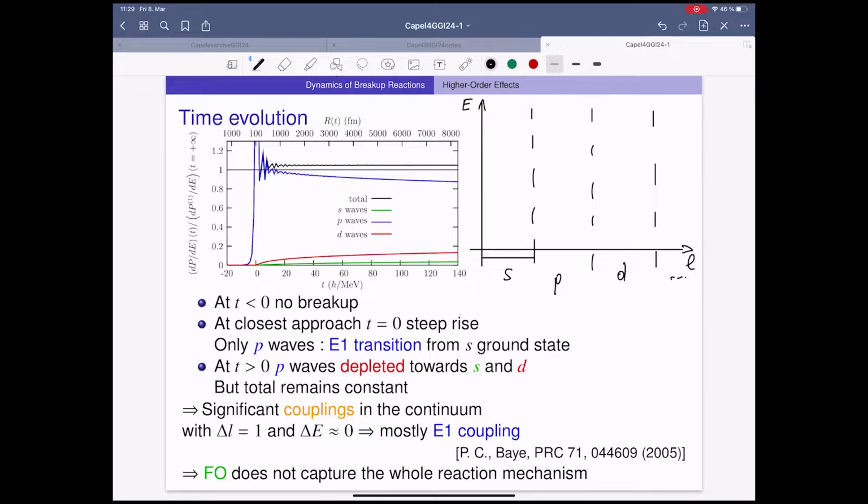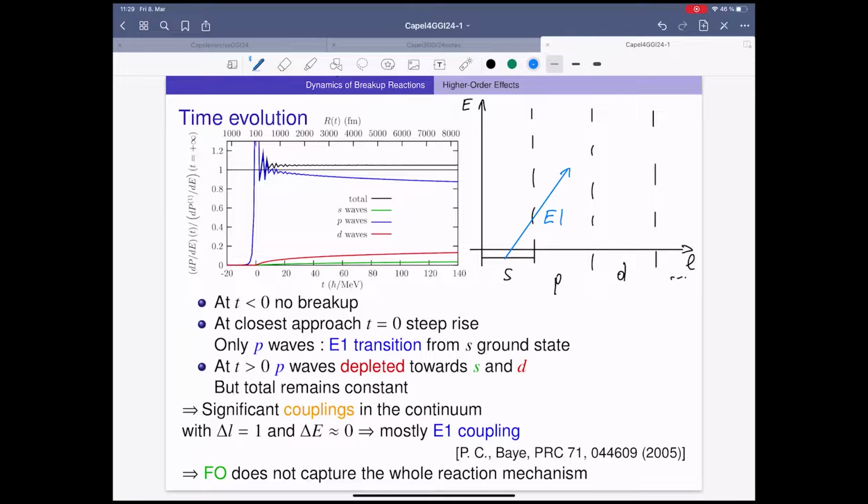And what happens is, initially, you have a dominant E1 transition from the ground state to the P continuum.